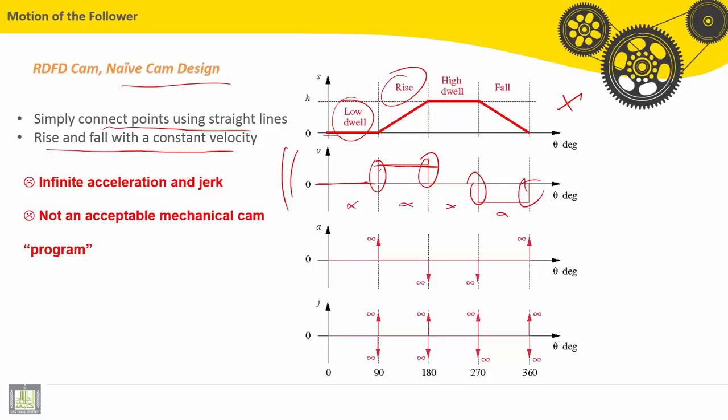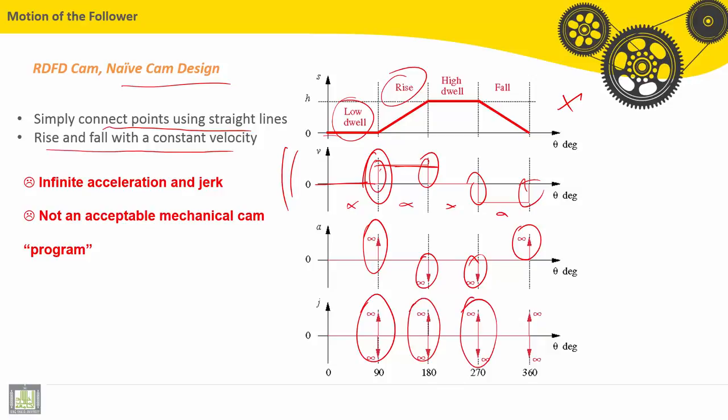So in this region, it includes infinite acceleration and also infinite jerk. This design, with infinite acceleration and jerk here, is not acceptable. It is not acceptable for a mechanical cam program.